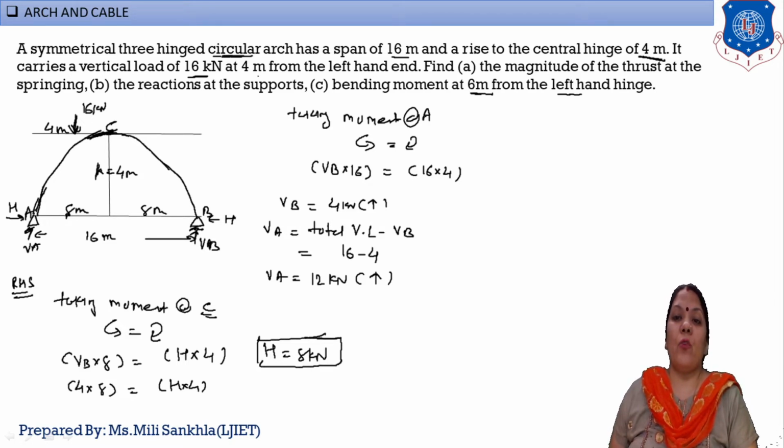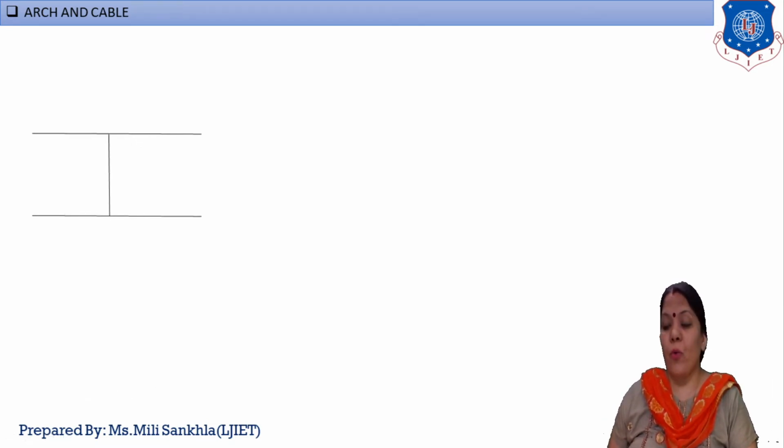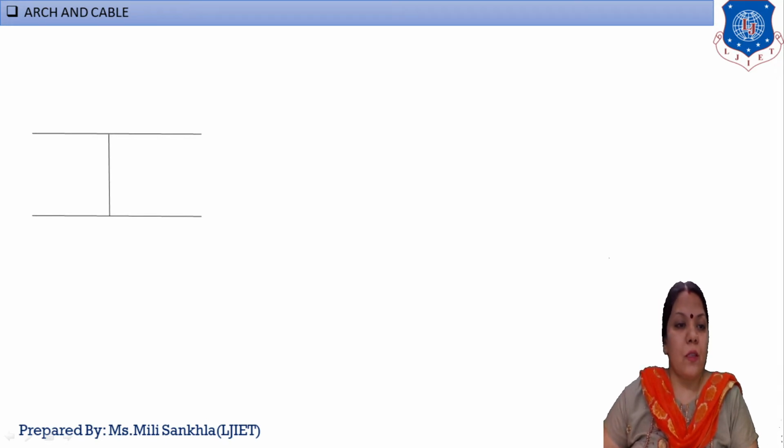Next we find out the magnitude of thrust at springing line. That means this is our A and B, that is our thrust. Now we find out the magnitude. Here again we find out our support reaction after the resultant force. Suppose this is the complete circular arch, and this point is our hinge.